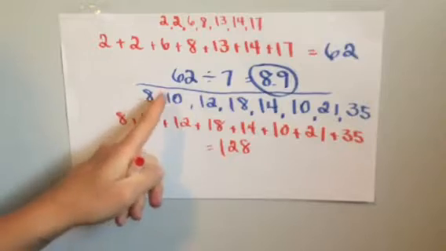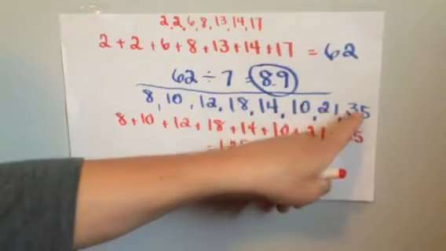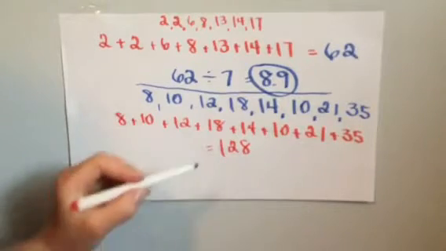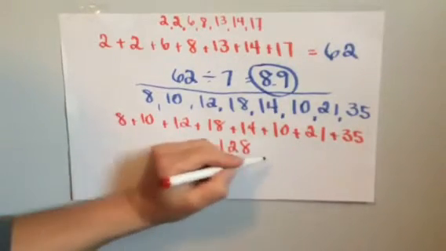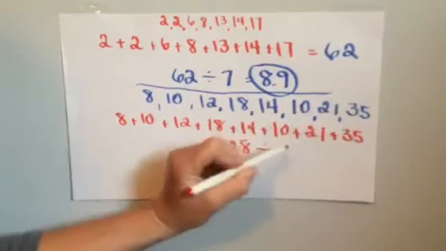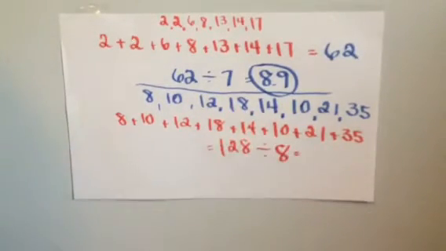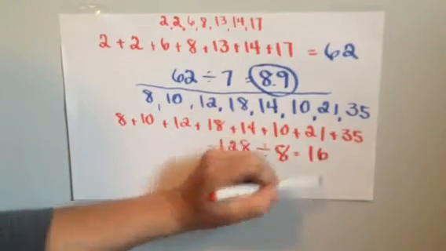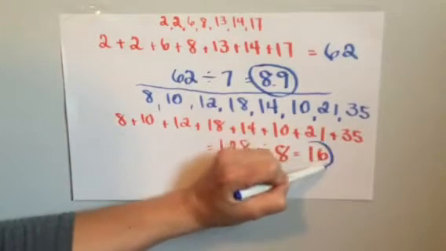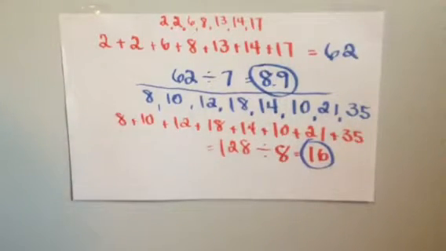We know that there are 1, 2, 3, 4, 5, 6, 7, 8 numbers in this set. So we want to divide 128 by 8, and our answer is 16. So our mean is going to be 16.